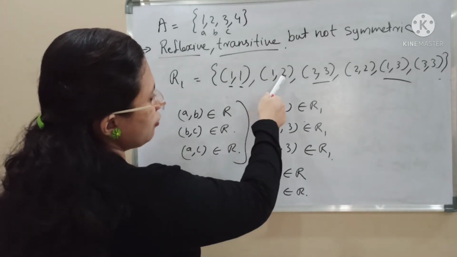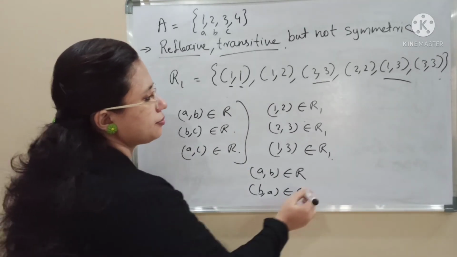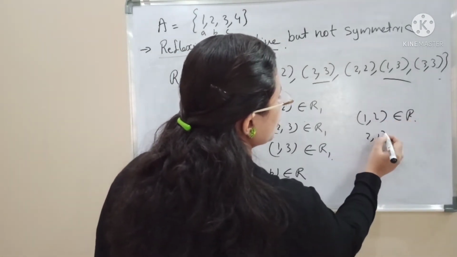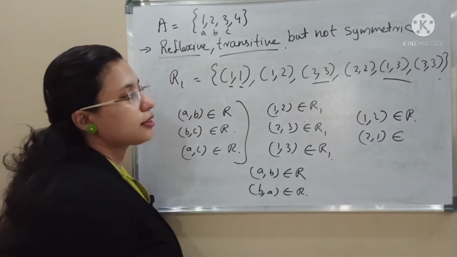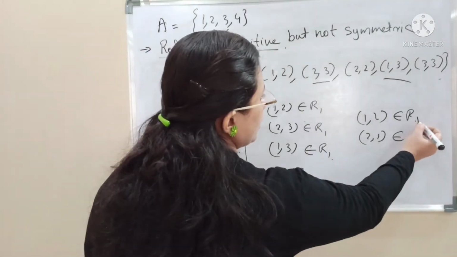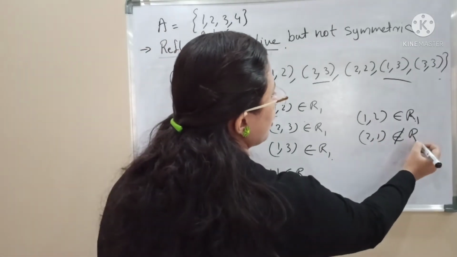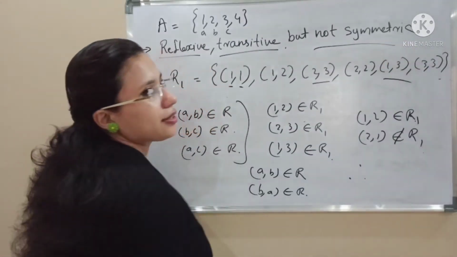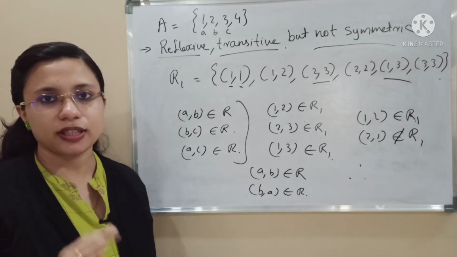Suppose (1,2) belongs to R. Now let's check whether (2,1) is there in the relation. No, right? So (1,2) is there in R1, but (2,1) is not there in R1, therefore it is not symmetric. Clear?